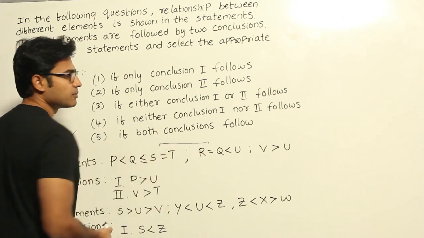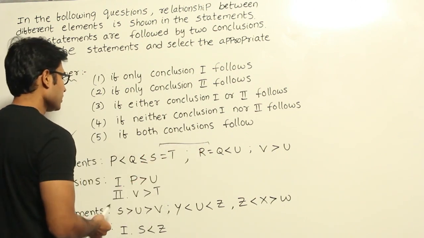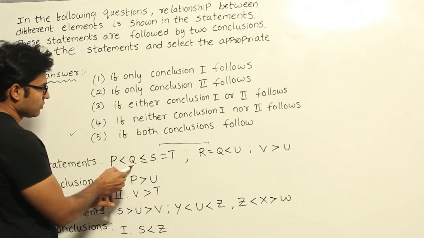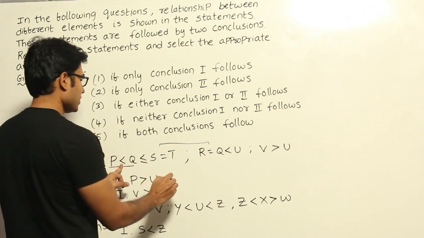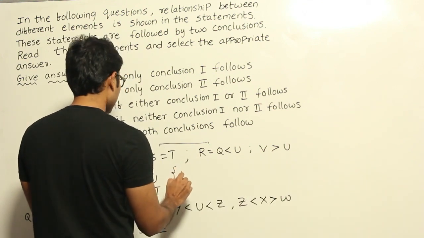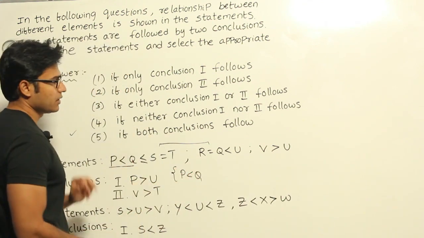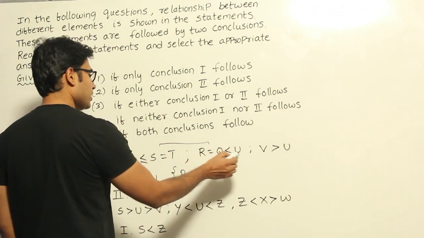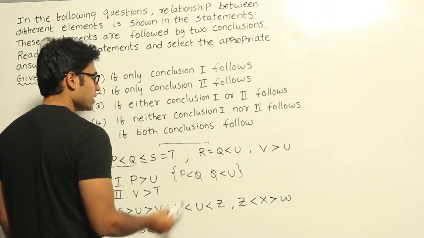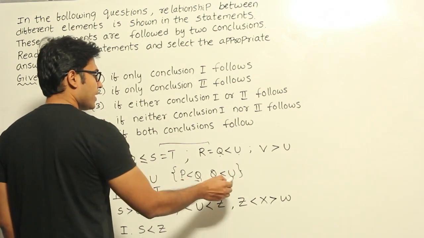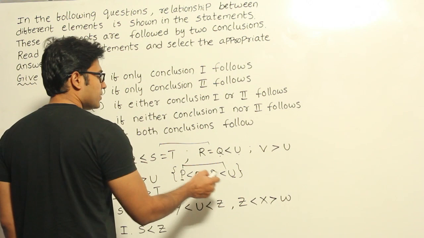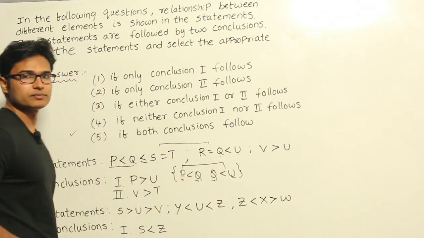From these two, P and Q are related by less than, which means P is less than Q. And here U and Q are related like this: Q is less than U. So we know that P is less than Q and U is greater than Q. Therefore, what is the relationship between P and U? Definitely P is less than U, right?